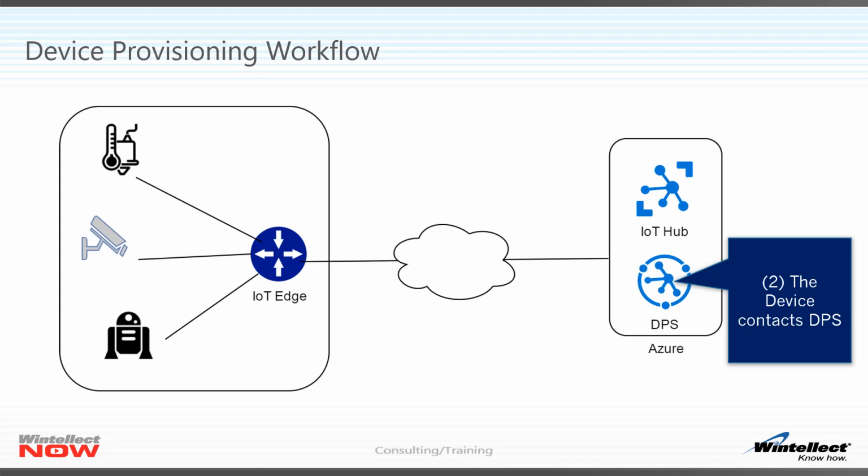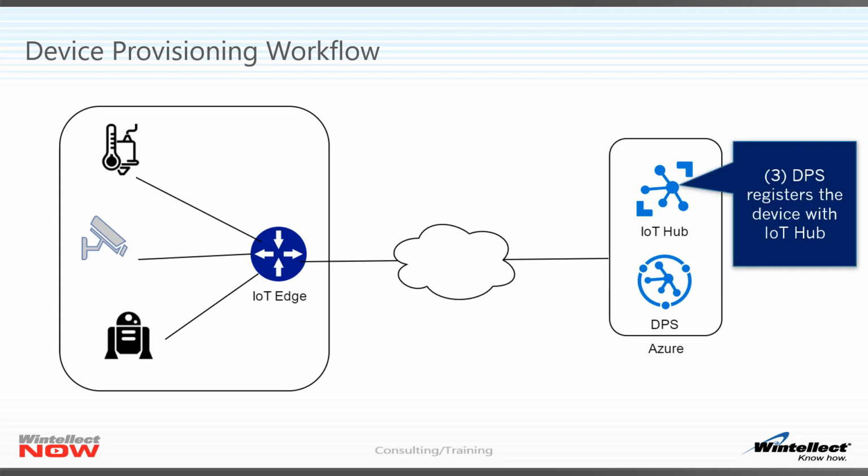Then it registers that device with some kind of device management suite: okay, here's a new device. That usually means it sets up the security for that device. It might create certificates, it might generate keys, and it's going to register a new endpoint on the message bus for that device to talk to. All of that is done automatically once the device connects to this provisioning service.